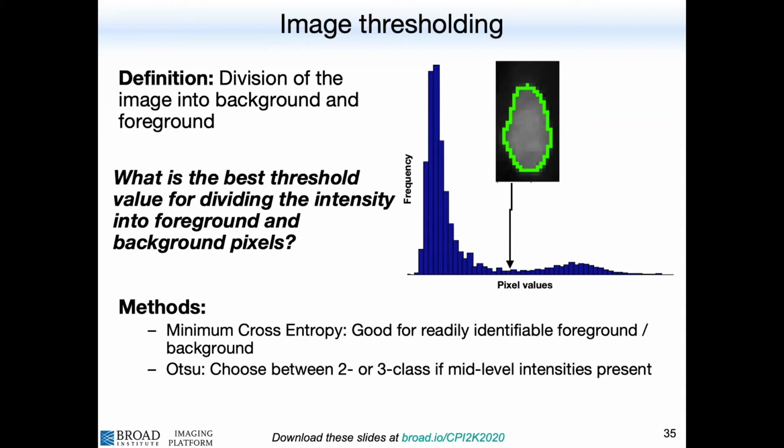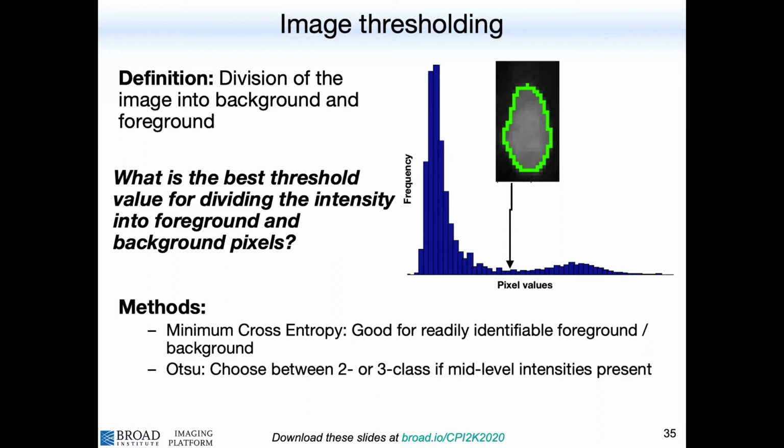So if you have 3 classes of intensity instead of 2, for example, when you have background, autofluorescence, and cells, you might have 3 bumps in the histogram, but you only care about the top 2. Or when you have background, dim cells, and bright cells, you also have 3 bumps, but you only care about the top 2.